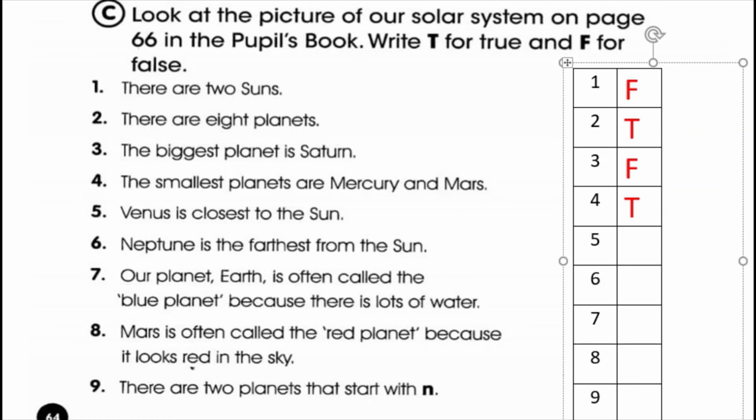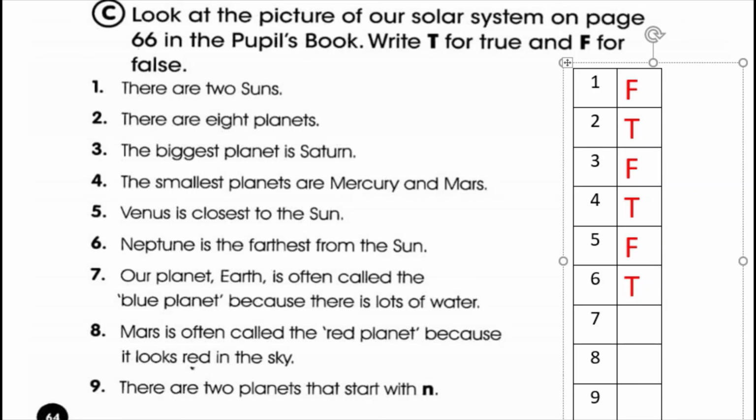So I put F for false. Number 6. Neptune is the farthest from the sun. Is that correct or not? Yes, it's correct. So I put T for true.